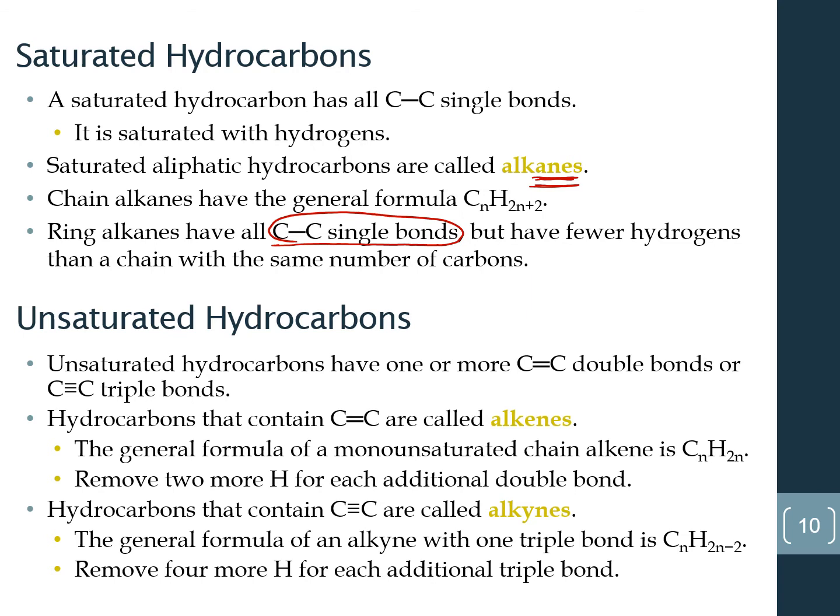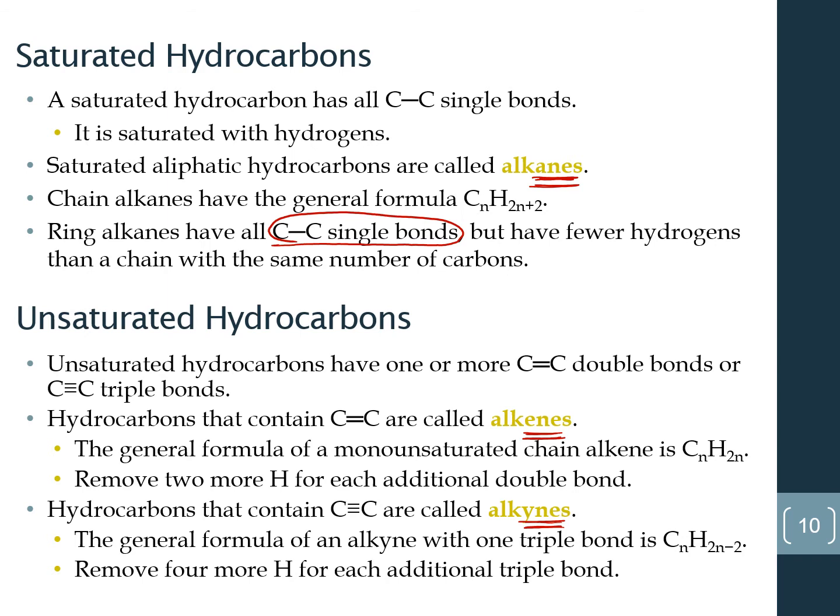Now for unsaturated hydrocarbons, we have 2 different types. We have alkenes, ENE, and alkynes, YNE. Alkenes and alkynes are unsaturated because they have double or triple bonds, which means that the number of hydrogens in each compound will be decreasing.